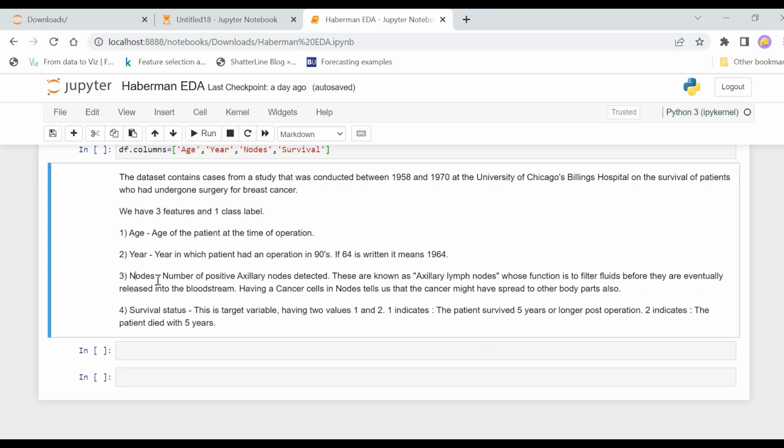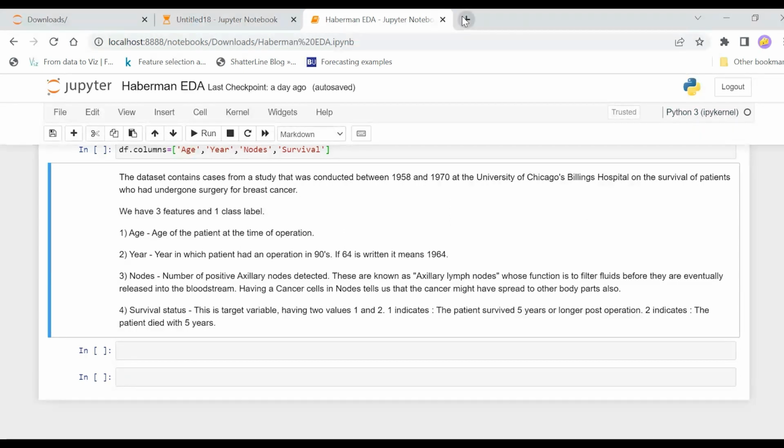So the more positive axillary nodes you detect, the more the probability of having cancer increases. But again, it has a distribution, like you have some range. Suppose a range of 4 to 10 positive axillary nodes can give you more probable cancerous cells in your body, rather than if it goes further ahead.